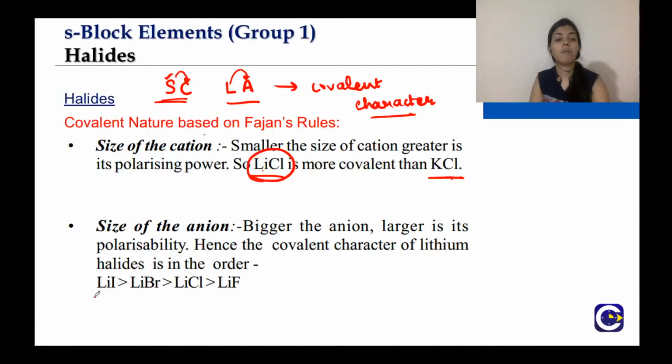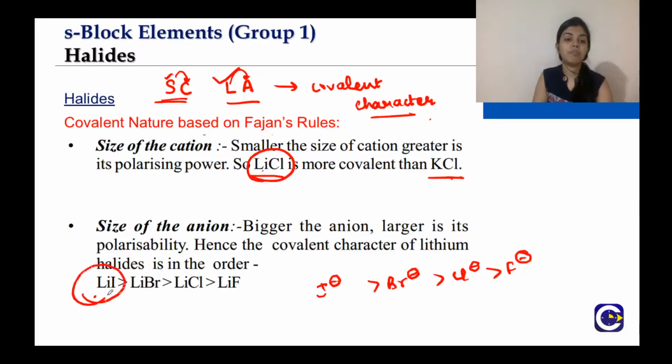Now if you compare lithium iodide, lithium bromide, lithium chloride and lithium fluoride, the metal and cation are the same, but the anion is changing, that means I, Br, Cl and F, right? We know that the larger the anion, the greater is the covalent character. As I minus has a larger size than Br minus, then Cl minus, and then F minus, because down the group the size increases, lithium iodide will have a more covalent character than the others.